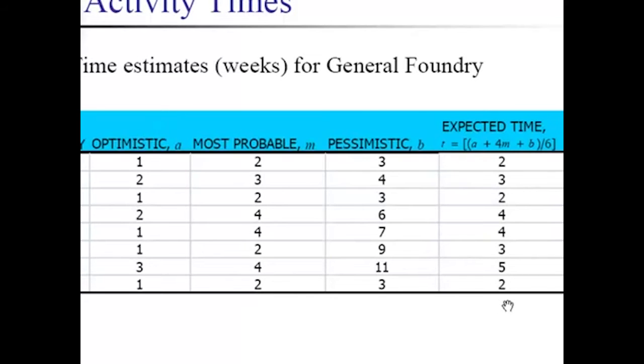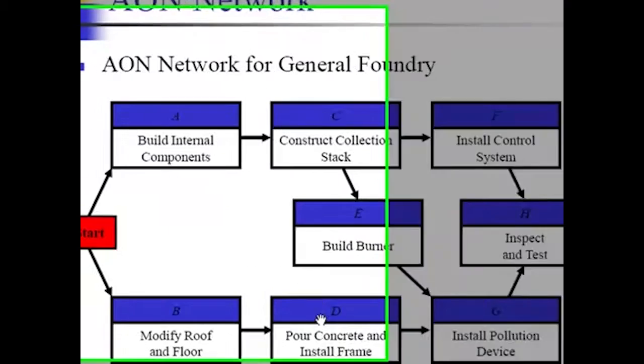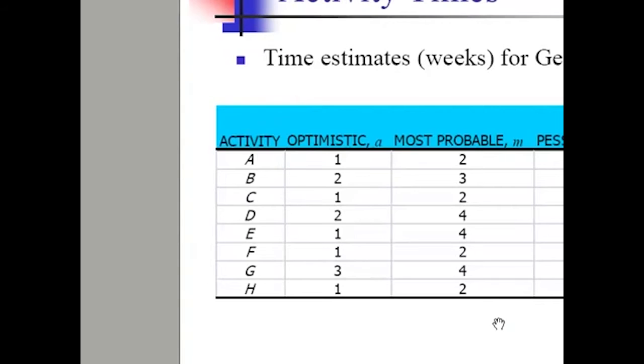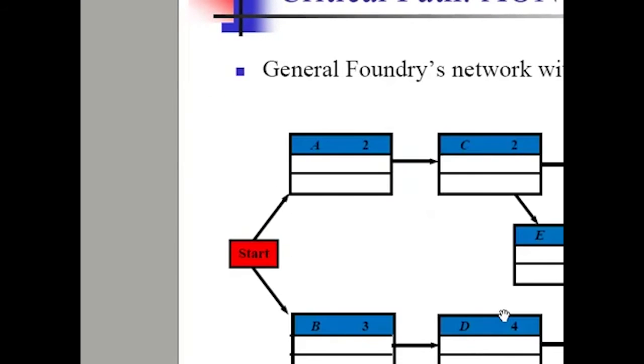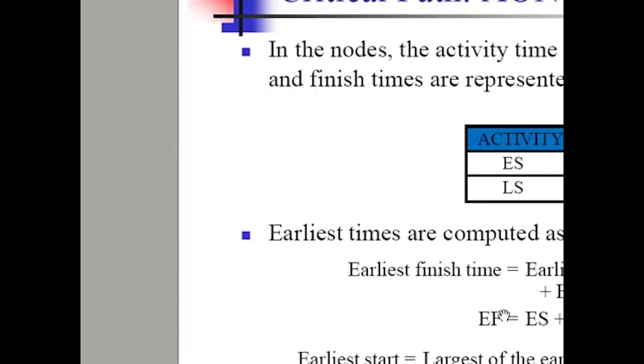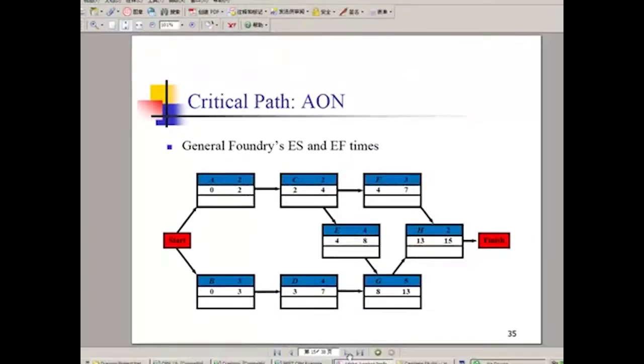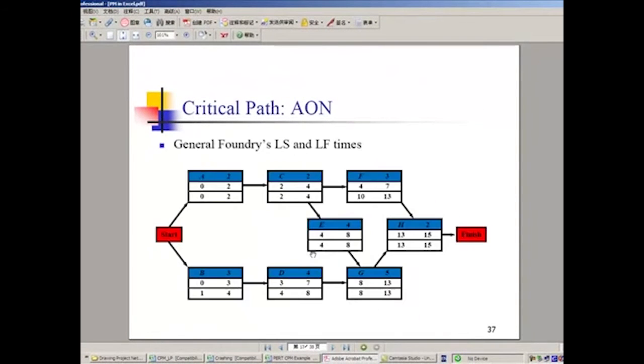So after obtaining this, we first calculate the expected time for each activity, then plug it into the network, either AOA or AON network, to calculate as what we have done so far to find the critical path.